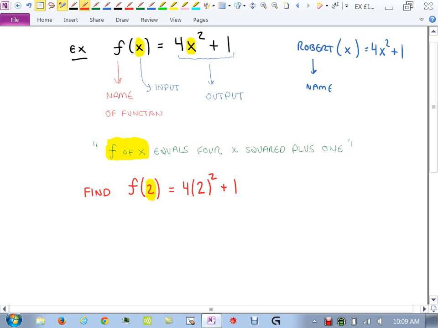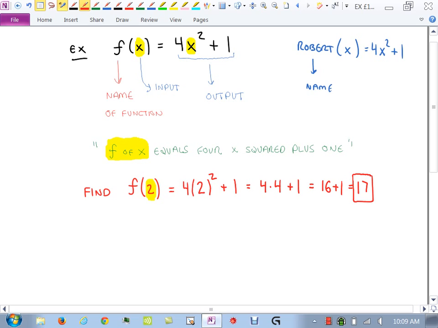Now, order of operations would tell me to do what first here? Do the parentheses and then that exponent. So 2 squared is what? 4. So I had a 4 in front. Now I have another 4, and then I have plus 1. And then multiply 4 and 4 together. 16 plus 1 is 17. And we are done.